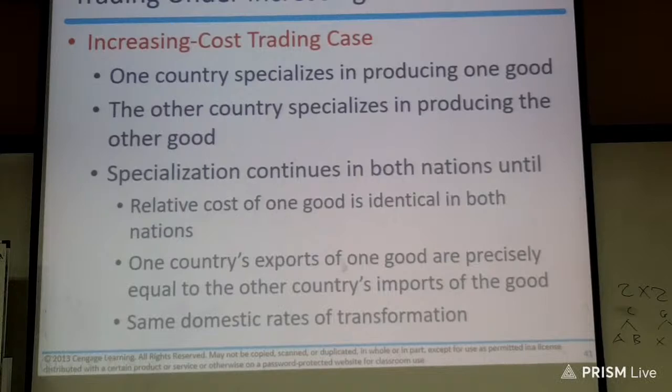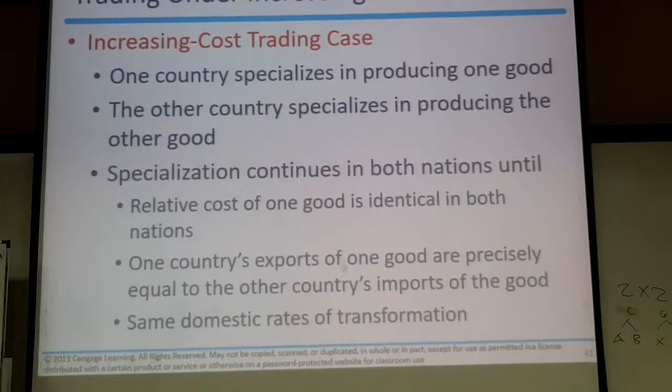Compare with this one, middle point, the kissing line. Low opportunity cost for production of X, high opportunity cost for production of X, because it's very steep. So we know, from Heckscher-Ohlin, we're going to study, that country A specializes in X and country B specializes in production of Y.